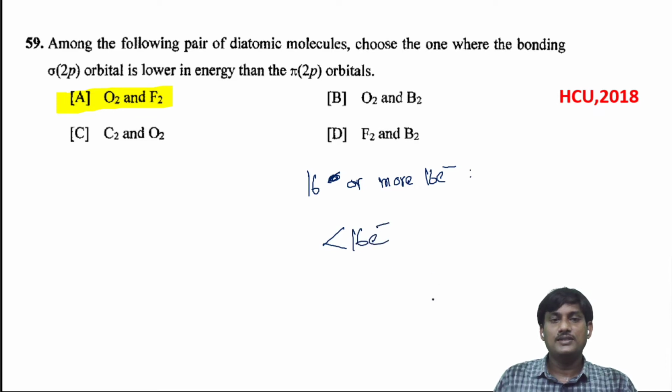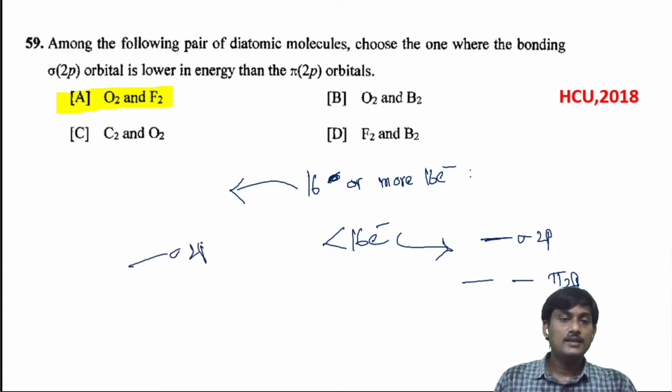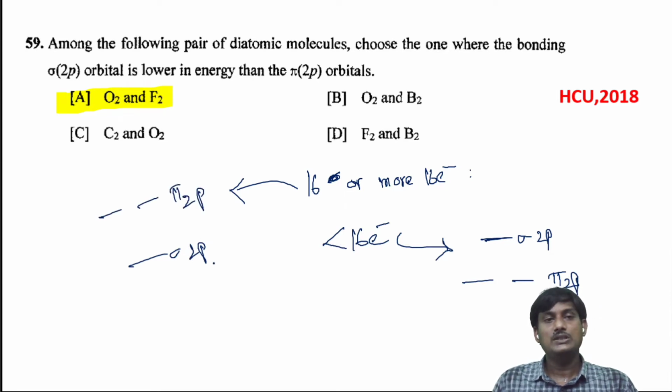With fewer than 16 electrons, sigma 2p has higher energy than pi 2p. If the molecule has 16 or more electrons, sigma 2p has less energy, and the pi 2p orbitals have more energy.